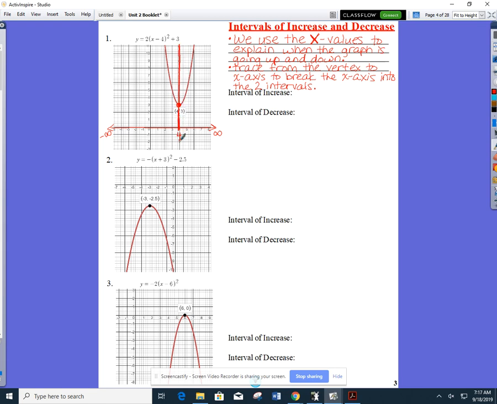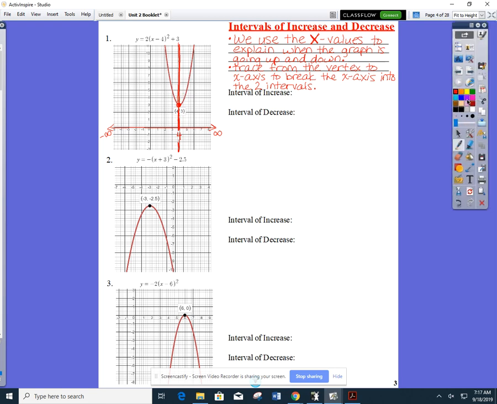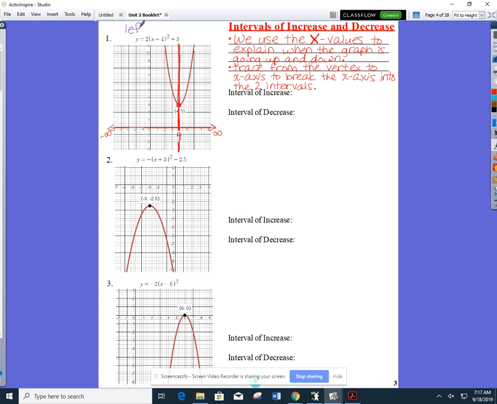So which interval is the interval of increase and which is the interval of decrease? Honestly, you could even just draw in the entire axis of symmetry if it helps you see it better. So we split essentially the graph into two pieces, but which side of the graph has the y values that are going down? Well, if you read the graph from left to right, which is important, because it's easy to say I'm starting at the vertex and it's pointing up on both sides, so both of them are going up.